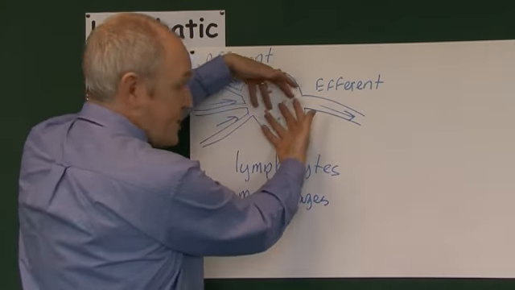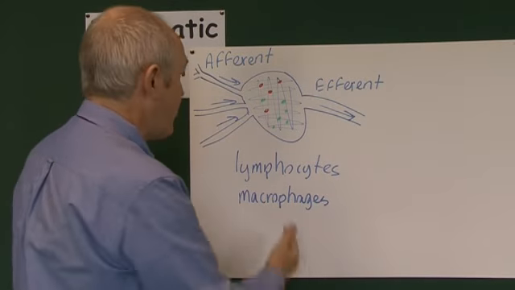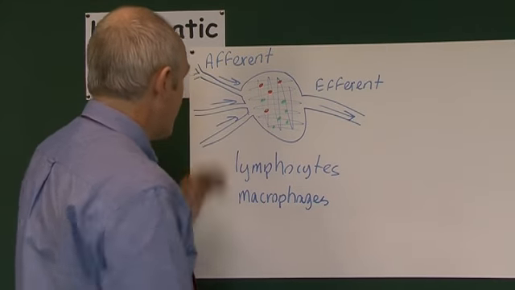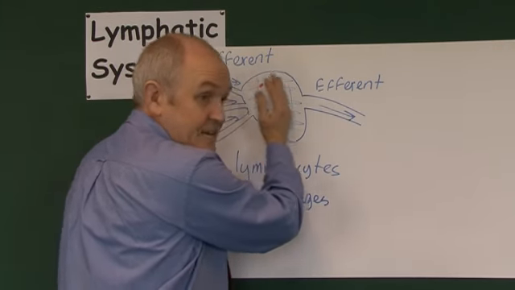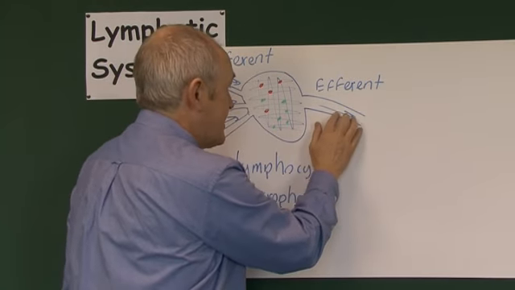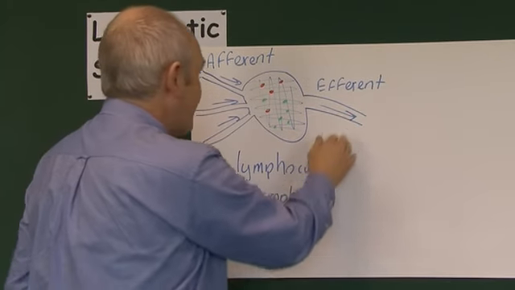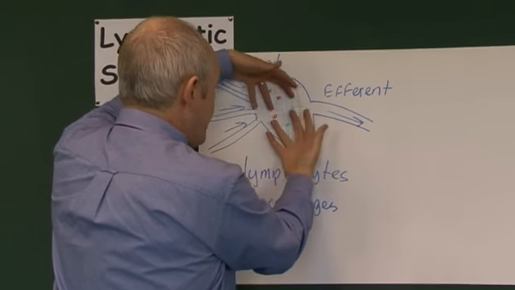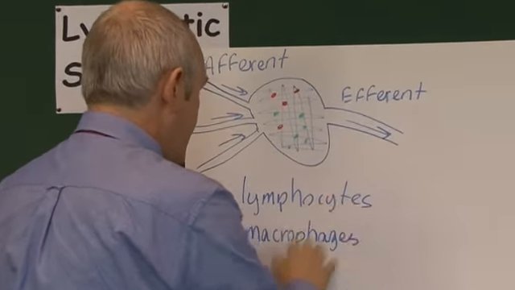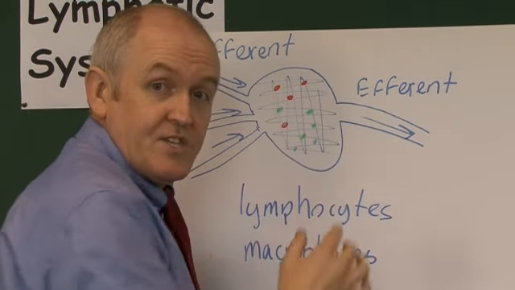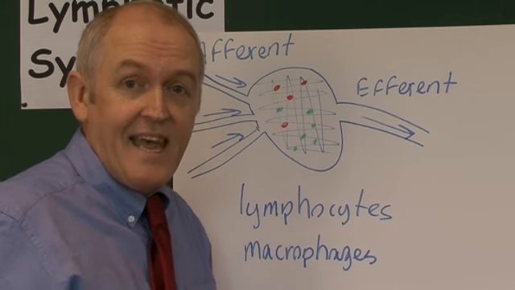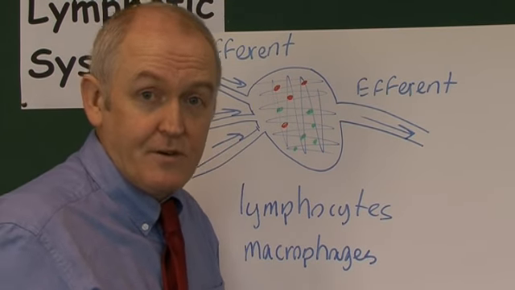And this reticular network is doing 2 things. It's forming a physical sieve. So as the fluid comes in the afferent lymphatic vessels, it's going to be sieved and filtered through to the efferent lymphatic vessels. But also it's forming a habitat for all of the lymphocytes and macrophages, which are the very cells which are designed to attack any infectious material.